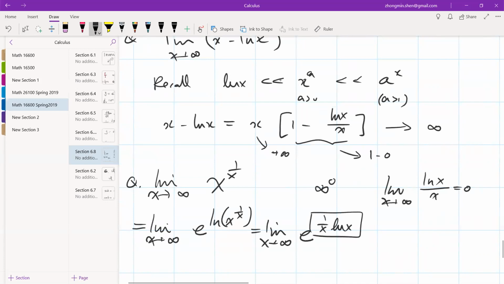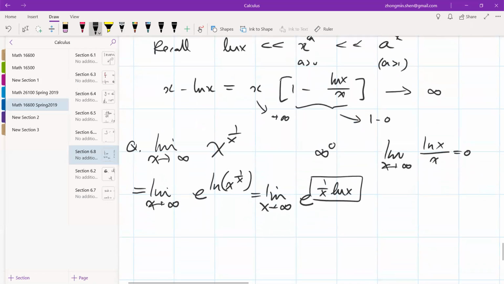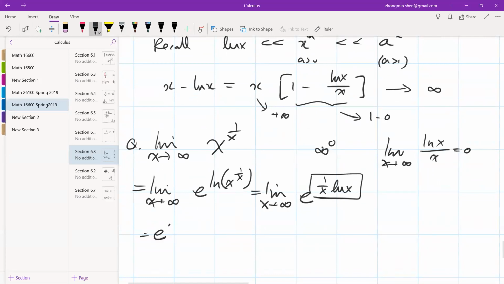Then you just need to look at this limit, but I already told you it's 0. So it's going to be e to the 0, which is 1. It's interesting: x to the 1/x approaches 1. You can have 1 million to the 1/1 million, it's almost equal to 1. It's not a very big number. It's getting smaller and smaller.